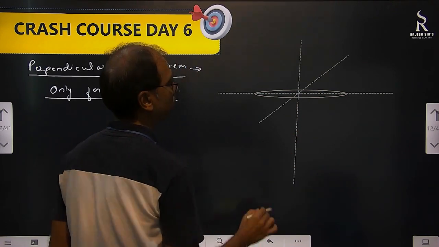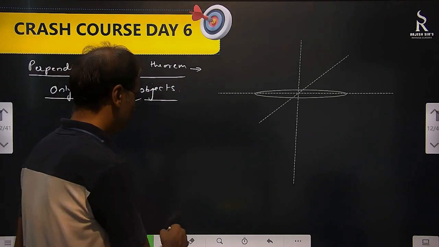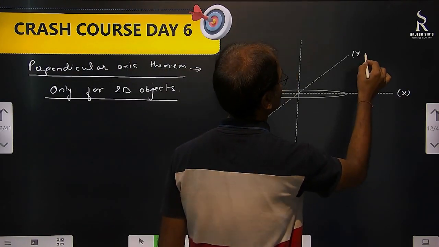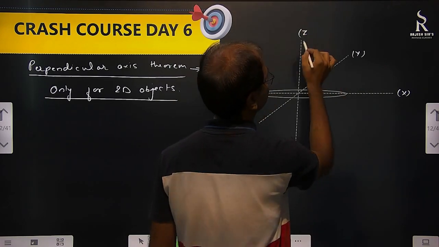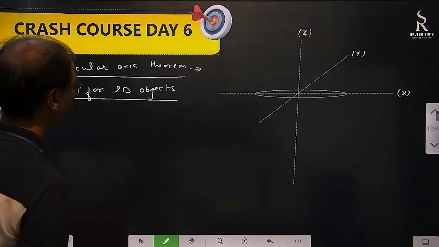All the three axes I have made. Then this is x-axis, this is y-axis, and this is z-axis. Z-axis is perpendicular to the plane.